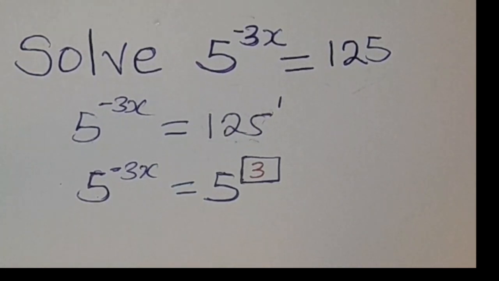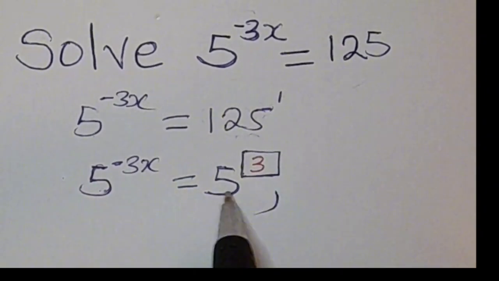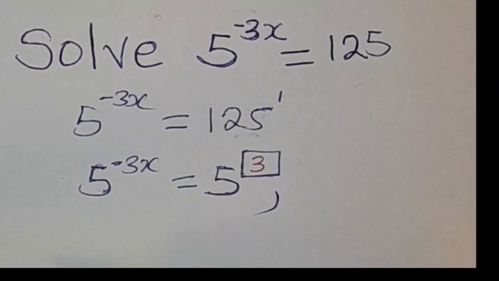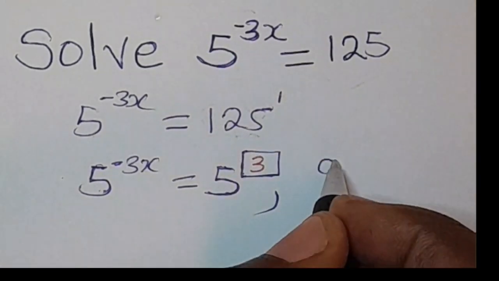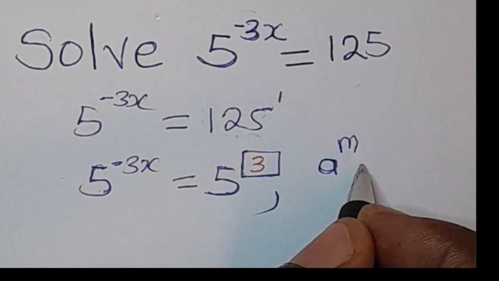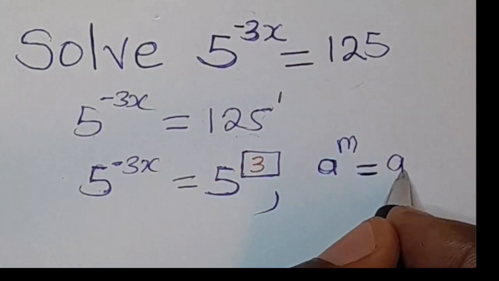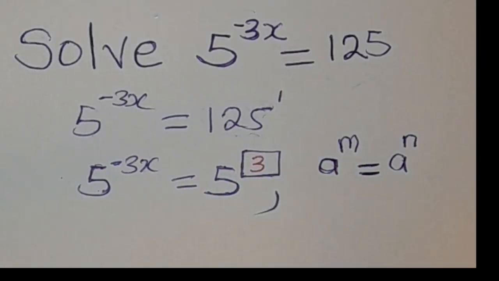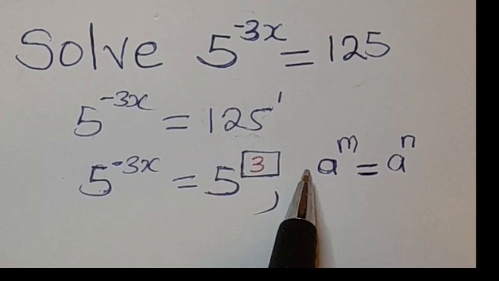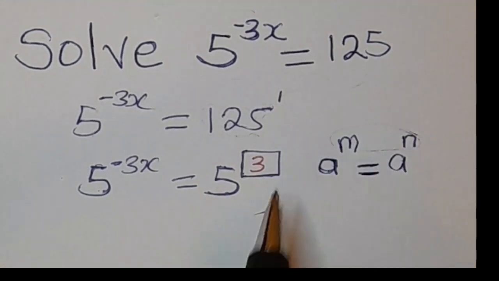Now you can see that the bases are the same. By the laws of indices, if you have a number a raised to the power m, equal to the same number a raised to the power n, the bases are the same and you have an equal sign, meaning the powers are equal.